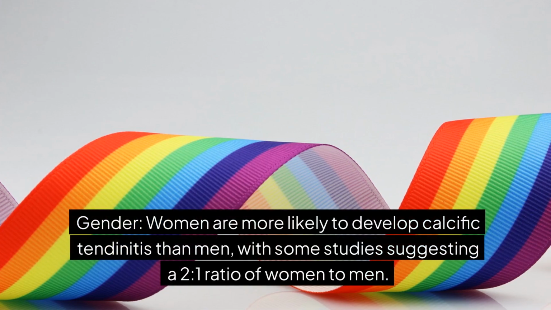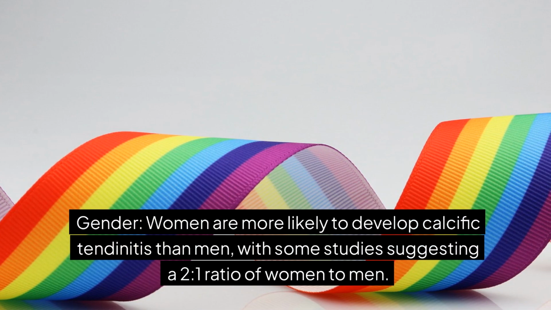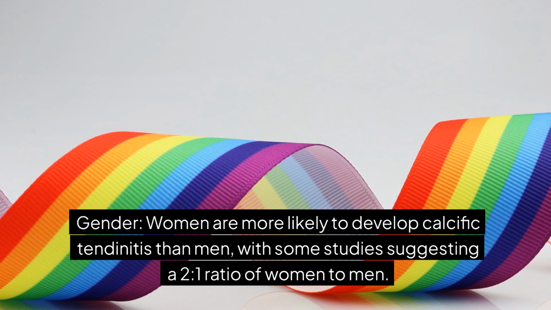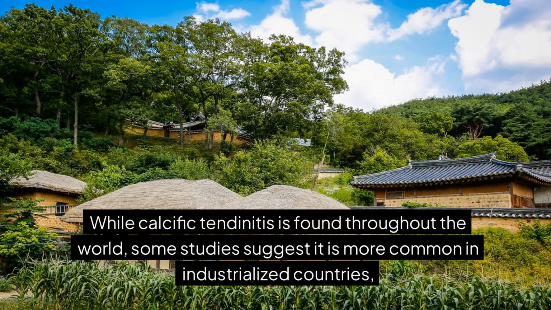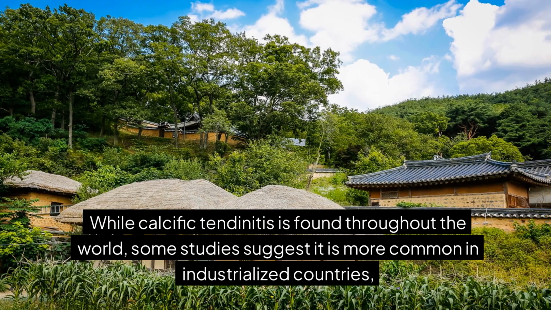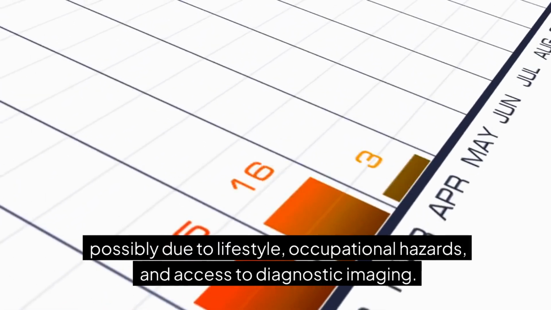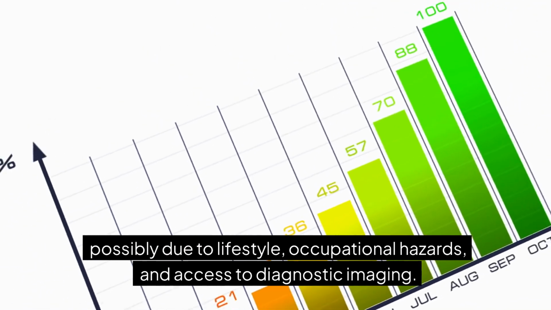Gender: women are more likely to develop calcific tendinitis than men, with some studies suggesting a 2-to-1 ratio of women to men. While calcific tendinitis is found throughout the world, some studies suggest it is more common in industrialized countries, possibly due to lifestyle, occupational hazards, and access to diagnostic imaging.